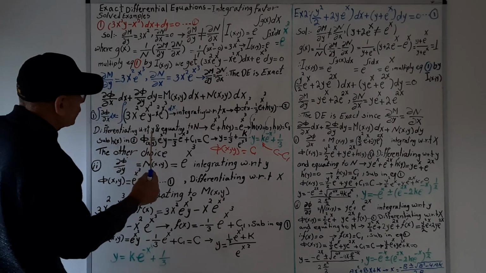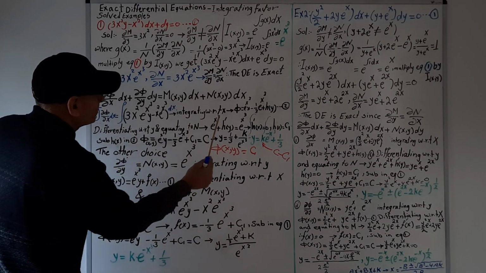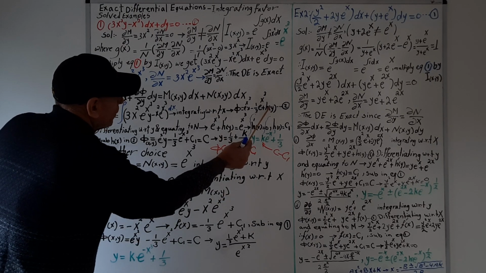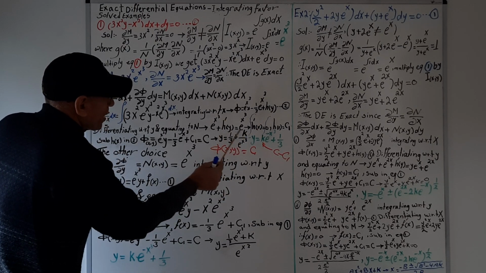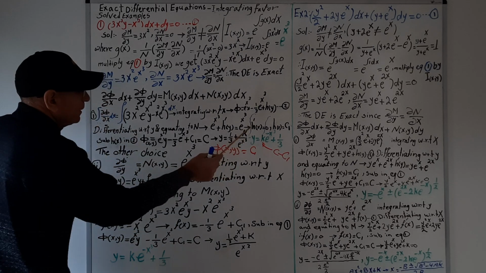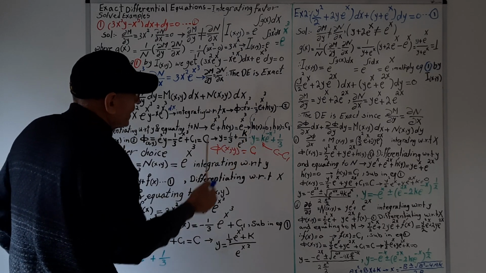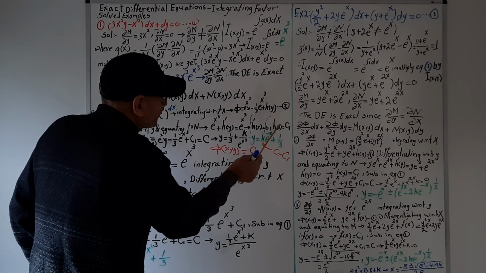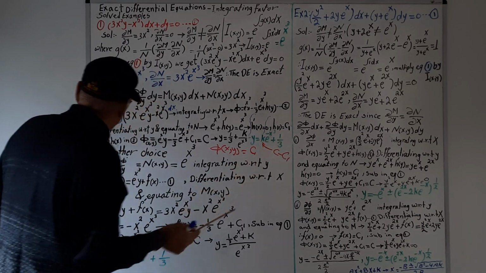Differentiating with respect to y and equating to N. Here h of y becomes h prime, and then we found h prime equals 0. Integrating, we found h of y equals c1.